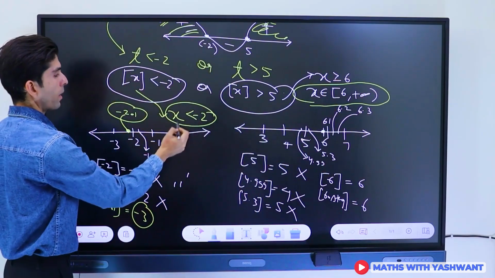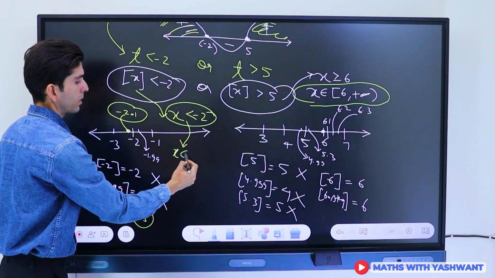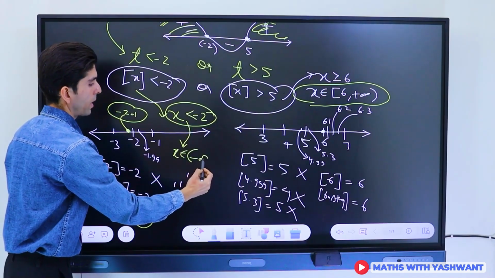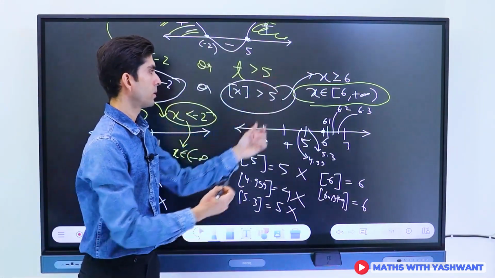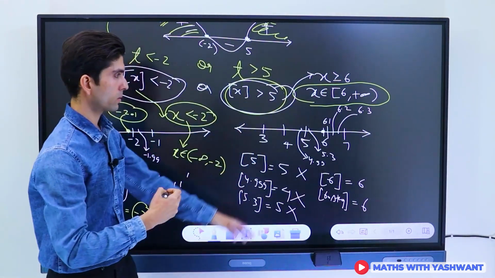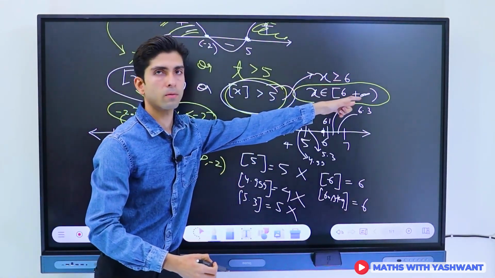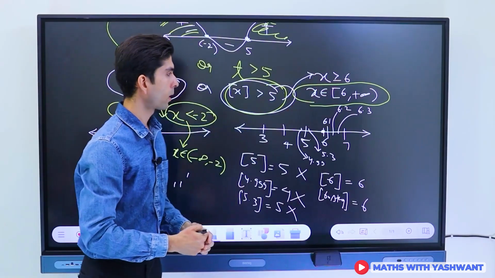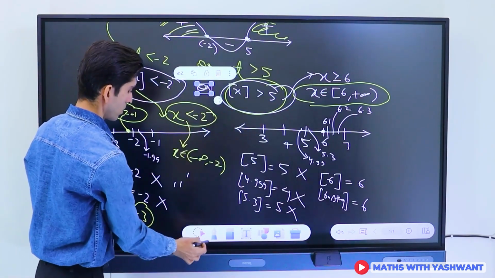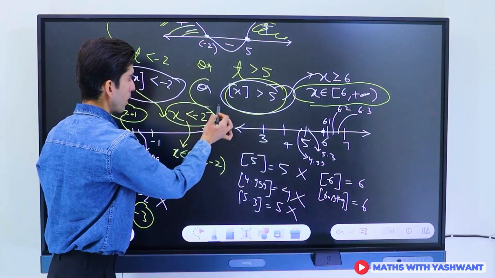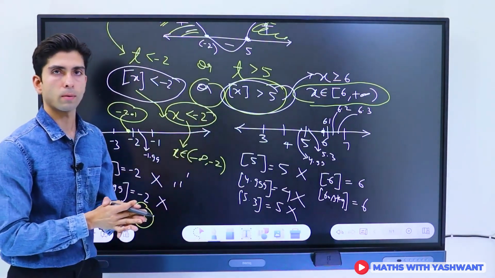So we have x less than minus 2, which in the interval form can be written as x belonging to minus infinity to minus 2. And this inequality is giving us 6 till positive infinity with a closed 6. Now we'll make the union, because we have OR here, and you all are aware of the difference between OR and AND.